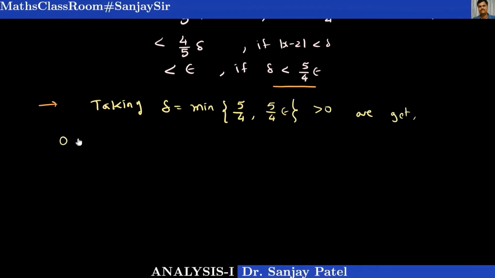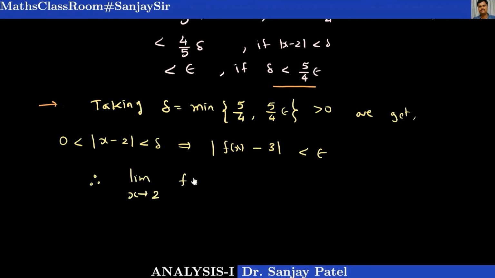That whenever you choose any x satisfying the condition that 0 less than mod of x minus a, which is 2 here in our case, less than delta, this will imply mod of f(x) minus L, that is 3, is less than epsilon. So this proves that the limit as x tends to 2 of f(x) is equal to 3. Okay, so this limit is proved.